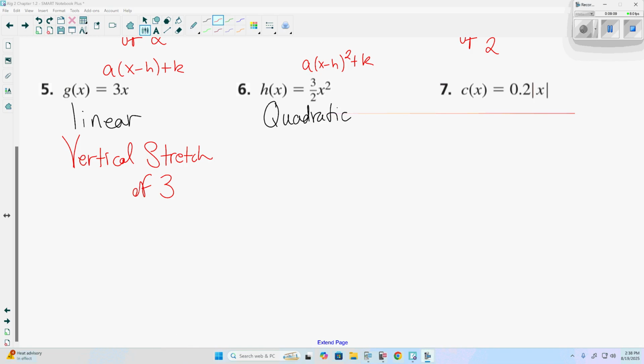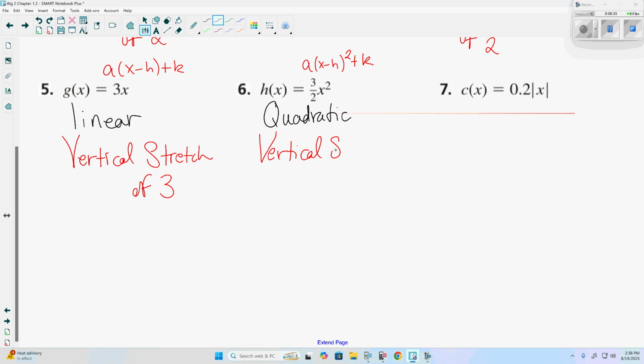So, no h and k, but a is what? 3/2, yes? Since it's a fraction, it means it has to be a vertical shrink, yes? 3/2, is it bigger than 1 or between 0 and 1?